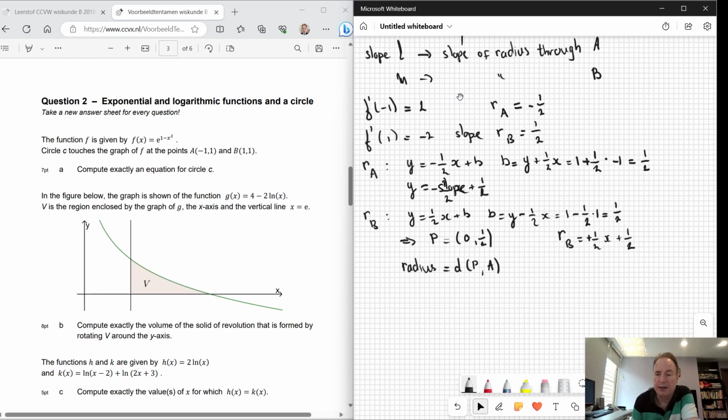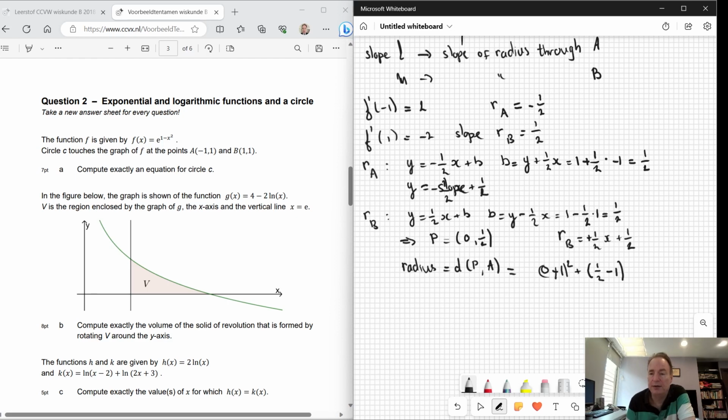For which we can just use Pythagoras then. So that is the square root of 0 minus 1 squared plus 1/2, and what's point A? Minus 1, so 0 minus minus 1.